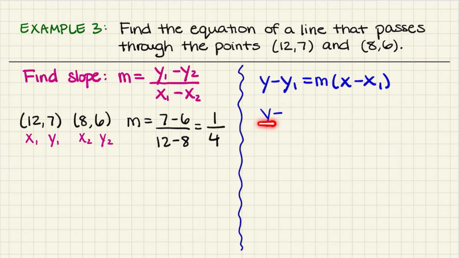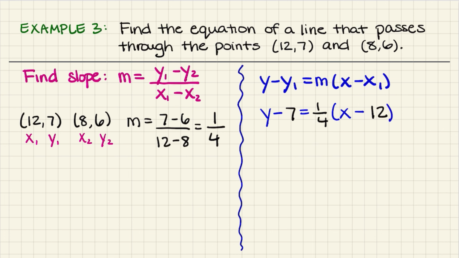So y minus y1 is 7, minus 7 equals m, which is 1/4, so 1/4 times x minus x1, which is 12.